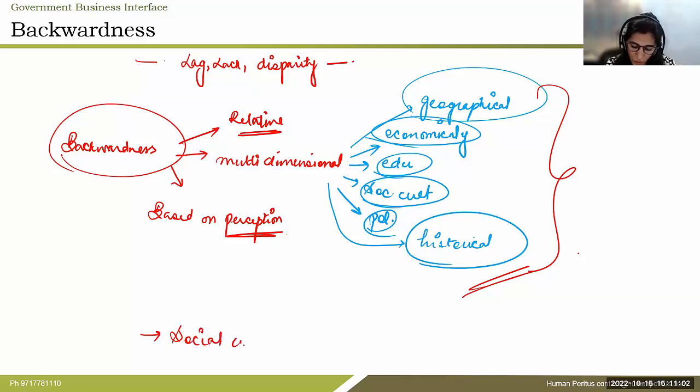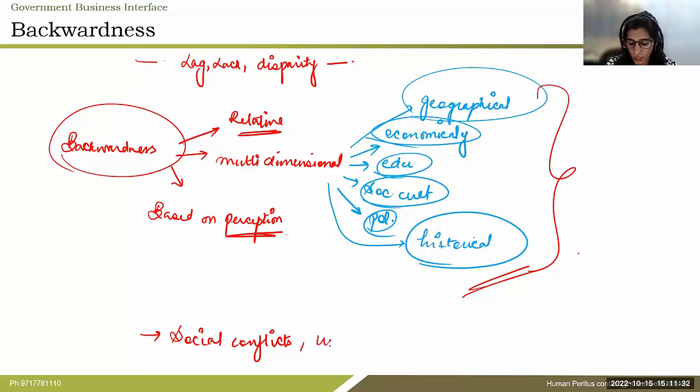For example, if people from the backward regions of Bihar come to Delhi, or to other advanced cities such as Mumbai, the natives of Mumbai would consider them backward. So there become social conflicts. All right. So this issue of regional disparity invites social conflicts.